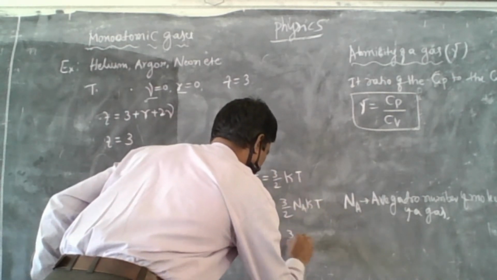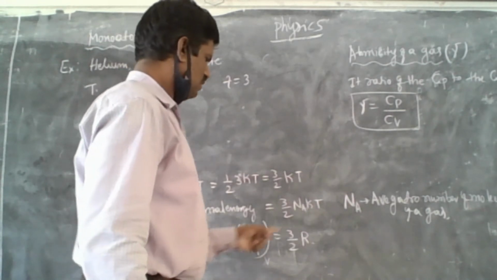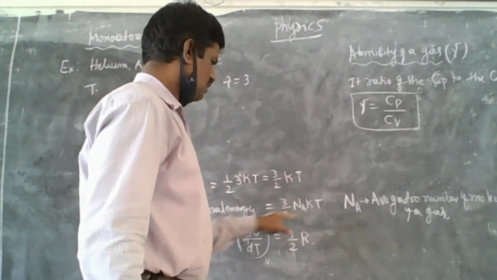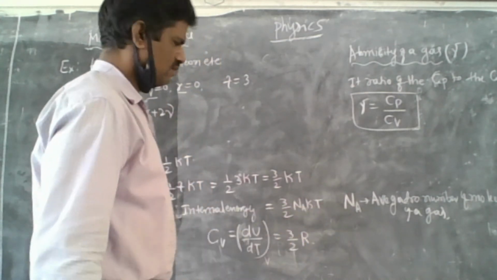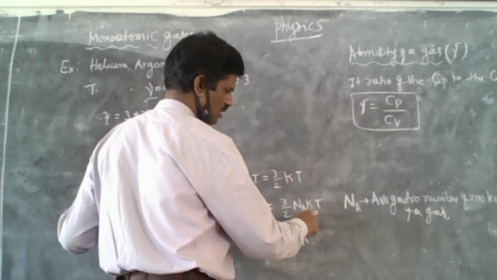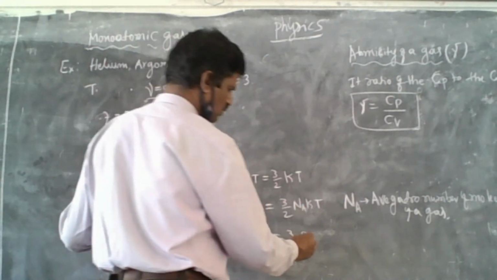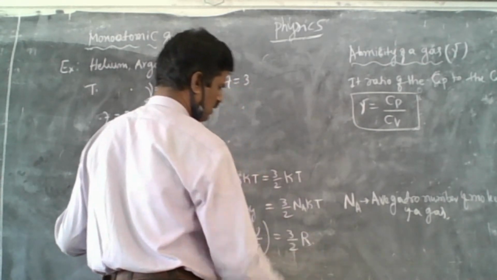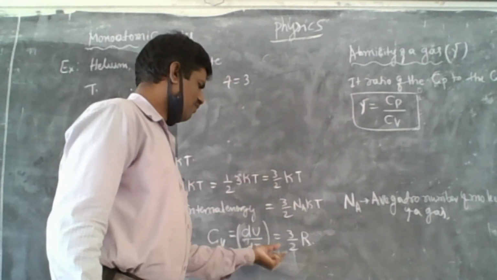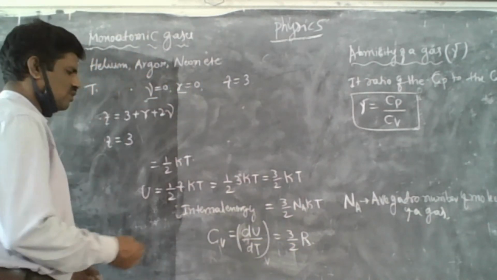Therefore, it is 3 by 2 R T, where T is the absolute temperature. When we differentiate this equation with respect to T, we will get 3 by 2 R. Cv is equal to 3 by 2 R.